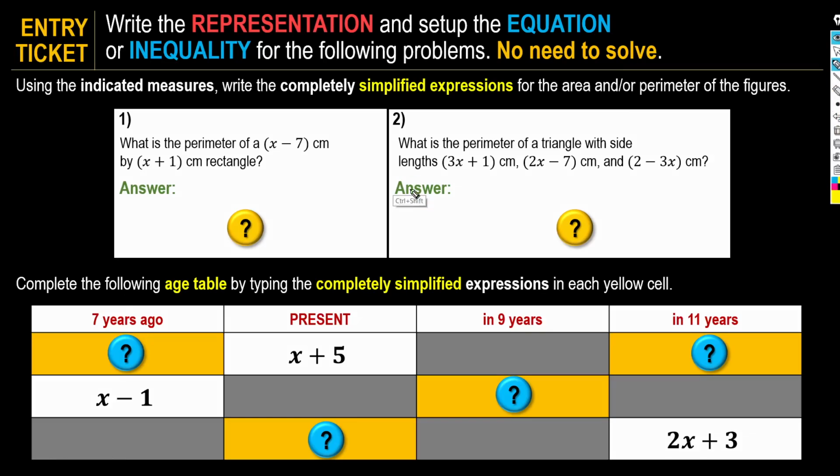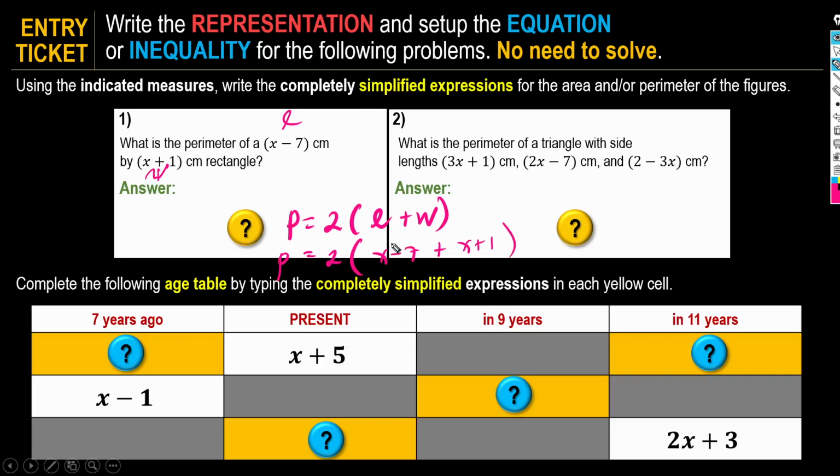Remember, the formula for the perimeter of a rectangle is P equals 2 times the quantity L plus W. So our length, I can call this my length and this my width right there. So I will have for my perimeter 2 times the quantity x minus 7 plus x plus 1.